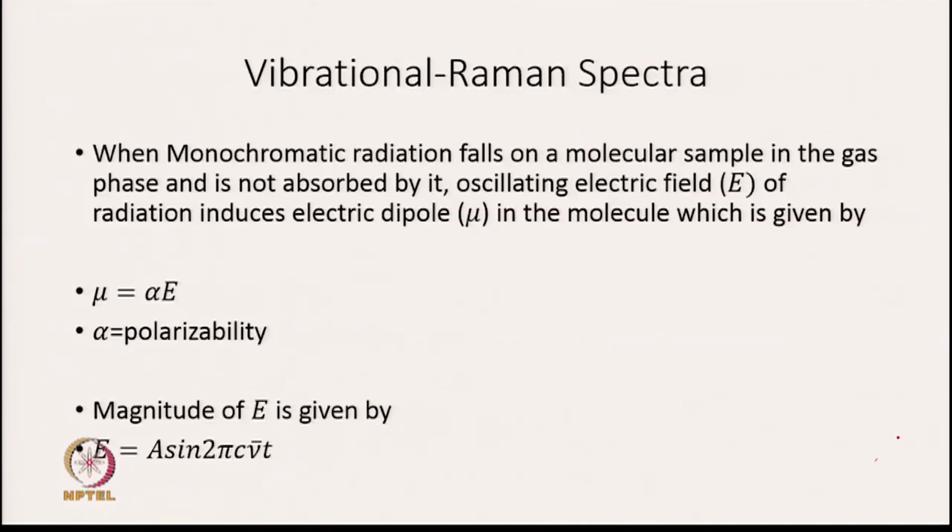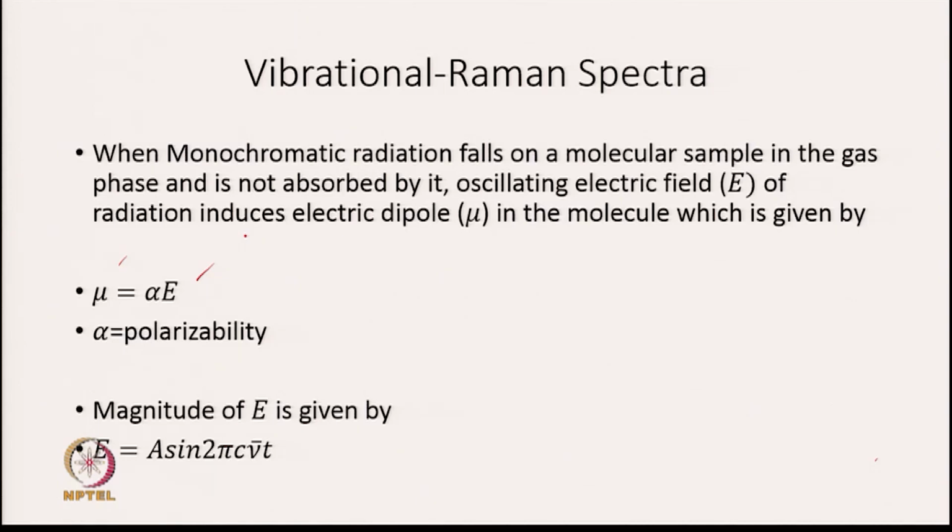So, let us discuss vibrational Raman spectra. Theory is almost the same as rotational Raman spectra. When monochromatic radiation falls on a molecular sample in gas phase and is not absorbed by it, the oscillating electric field of radiation induces an electric dipole in the molecule, which is given by mu equal to alpha times E, where alpha is your polarizability.